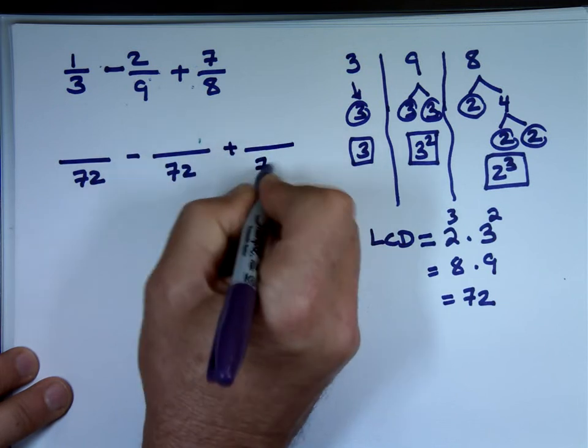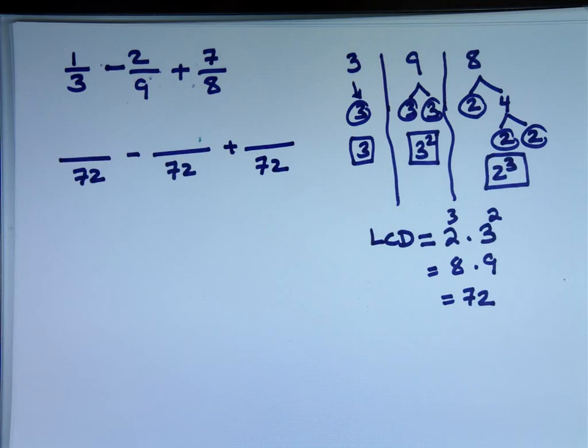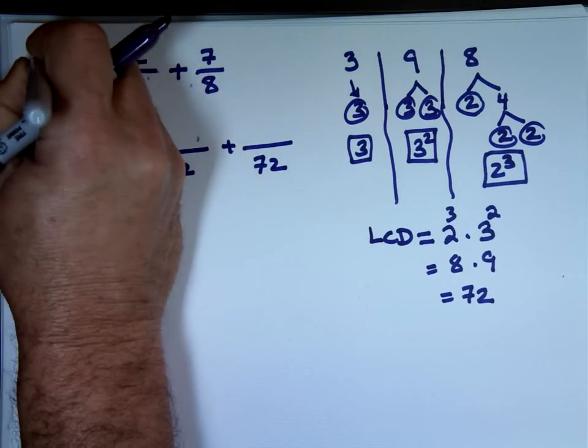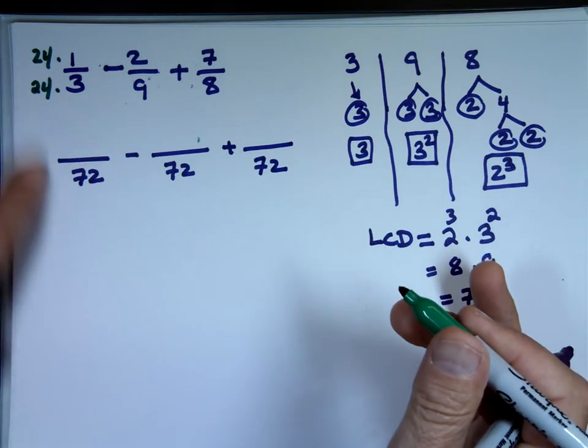Almost done. 3 goes into 72 how many times? I think 24 times. So if you multiply this by 24, if you're not sure how many times, just divide them. Go 72 divided by 3. It will give you the 24.